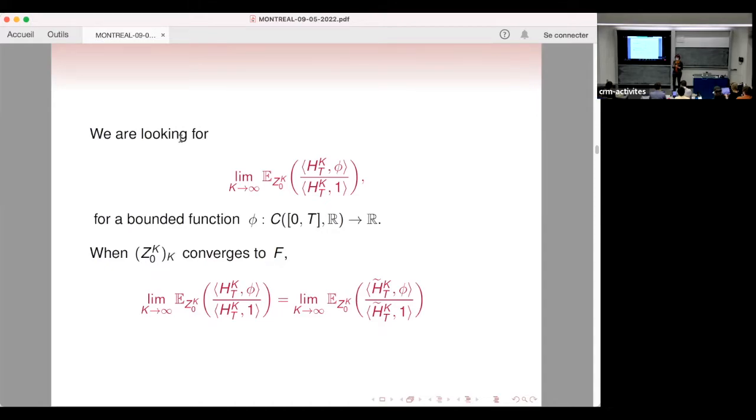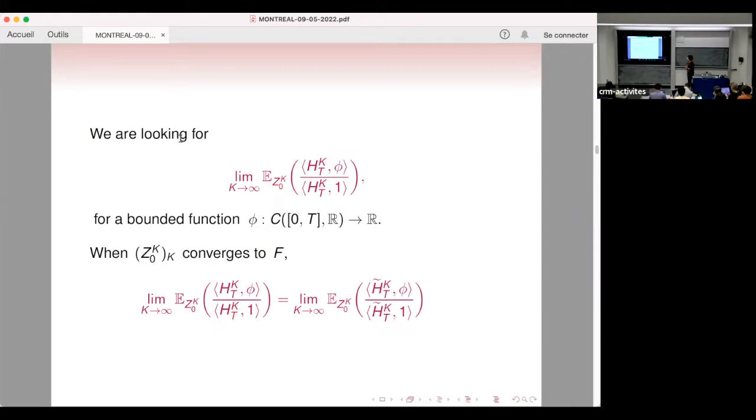So that's the number of individuals at time capital T. And with the coupling, you have to prove it, but it's an immediate consequence of what we have seen above, this limit is also the limit of the same quantity with the historical branching processes. Okay.